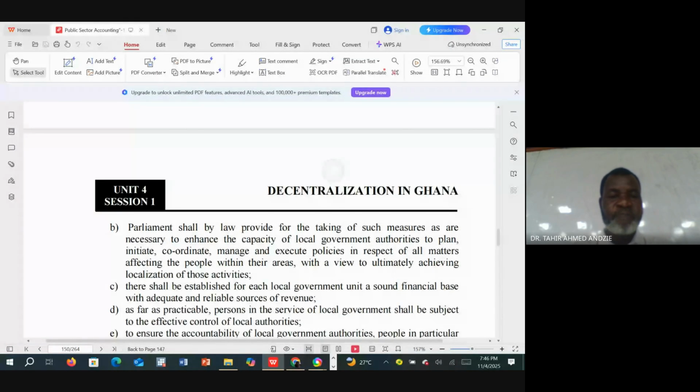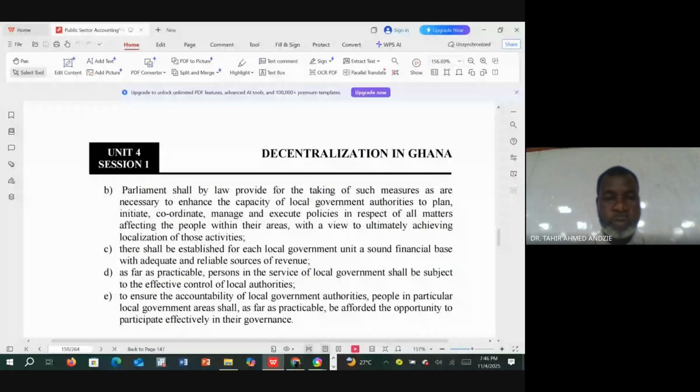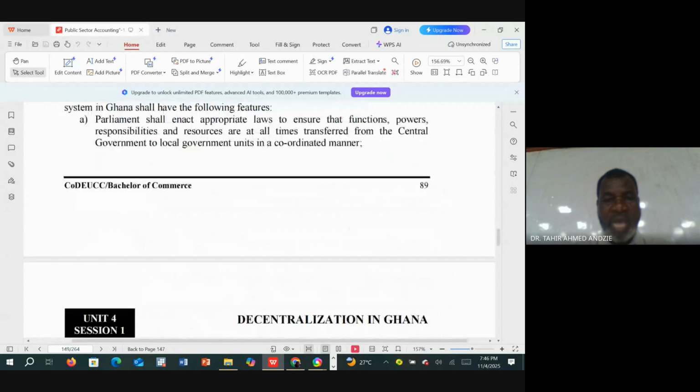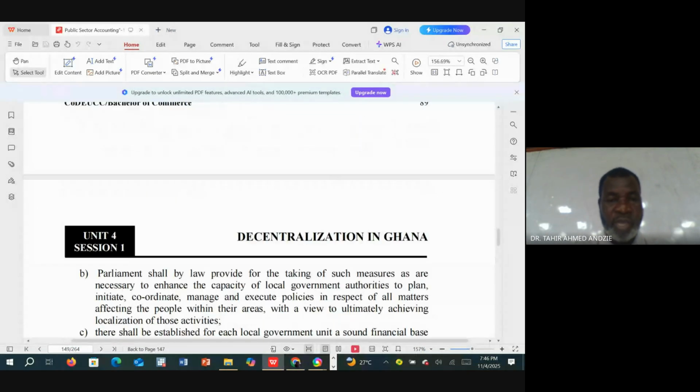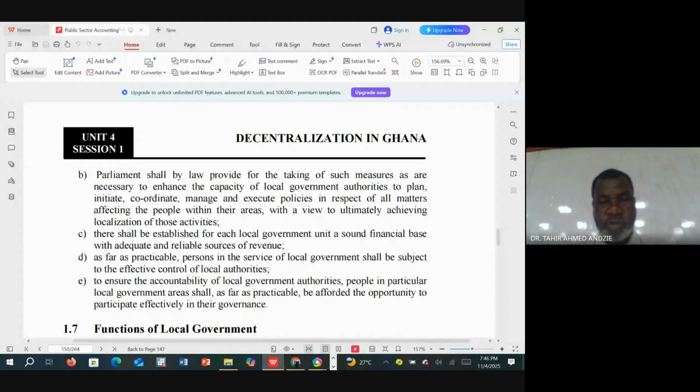(b) says that Parliament shall by law provide for the making of such measures. Because we are saying that it has to ensure that the powers, functions, responsibility, and resources are at all times transferred from the central government to local government in a coordinated manner.